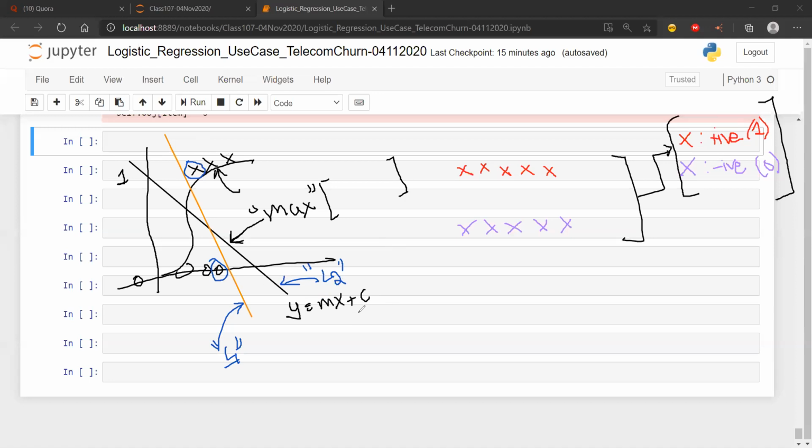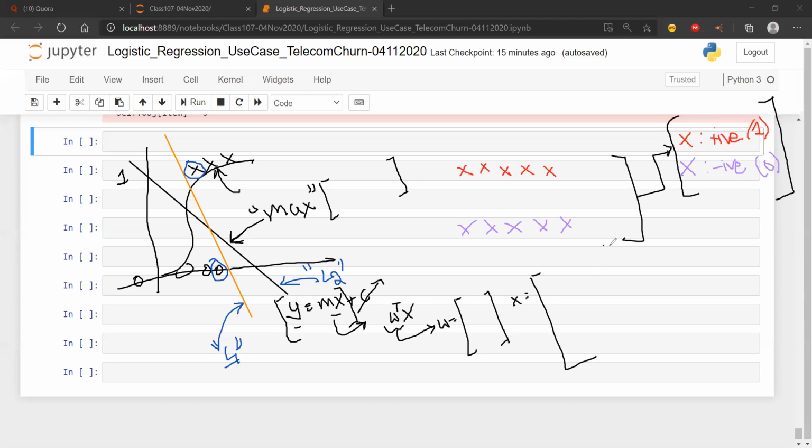Now I will assume for the time being that c is equal to 0, which means the line is passing through the origin. Only to make my life easy, I'm just going to consider c equal to 0, which makes y equal to mx. Now this mx can also be written as w transpose x, where w represents the weights of each and every x, and x represents my features.